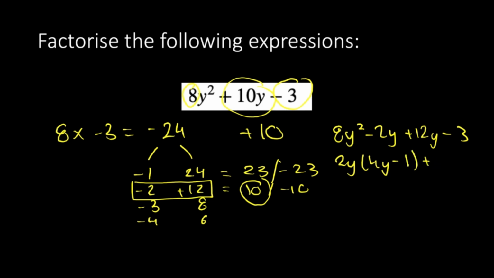And take the common factor 3 out of 12y minus 3. So 3 times 4y minus 1. Now you have a common factor, 4y minus 1 and 4y minus 1. So you take 4y minus 1 out, and that will leave you with 2y plus 3. And this would be your factorized form.